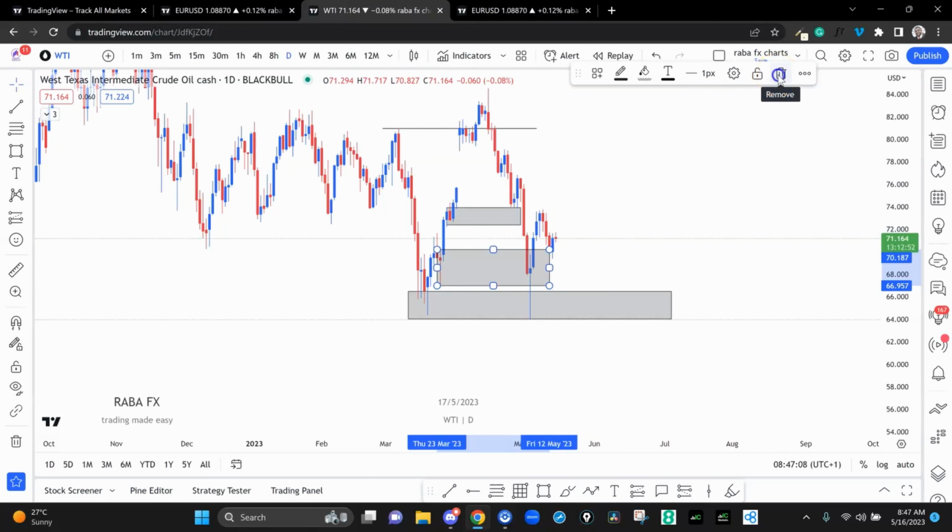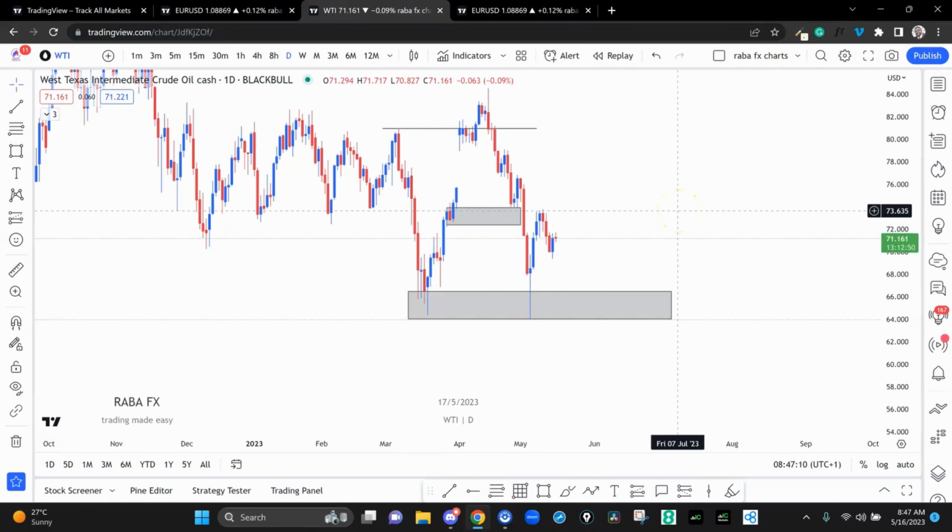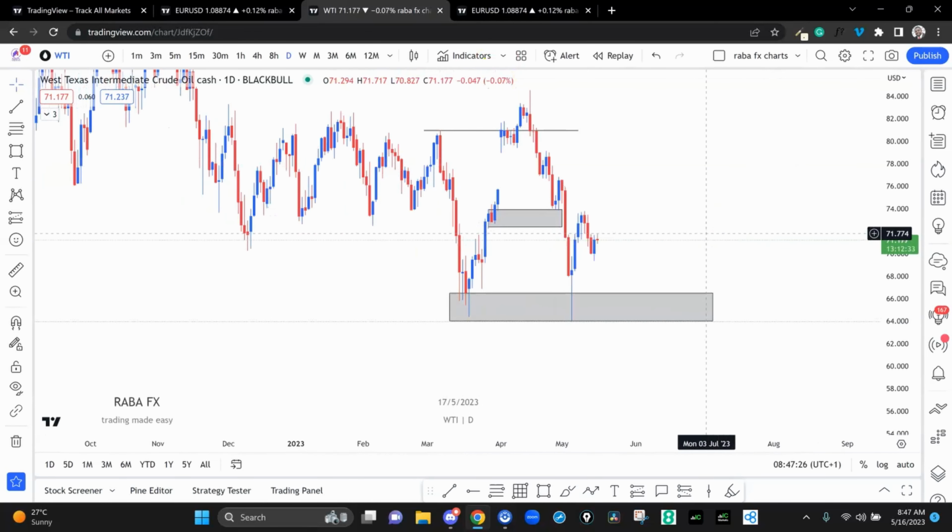Okay, so for now, focus, because you are in the learning phase, you are learning. Focus on this point of interest I'm showing to you. Don't look at any other point of interest for now. Focus on this, the flip zone and the origin. Flip zone and the origin. Now, in my next class, I'm going to show you the different types of point of interest.